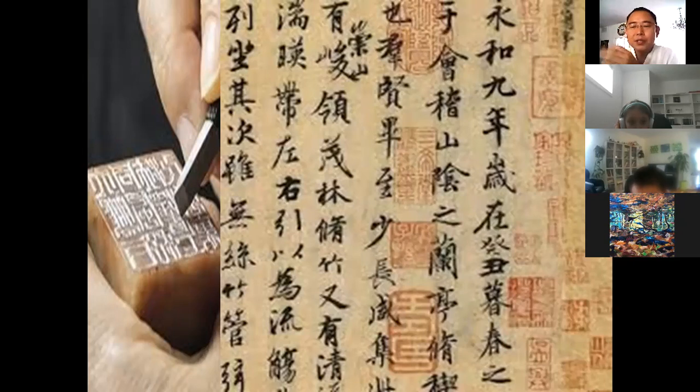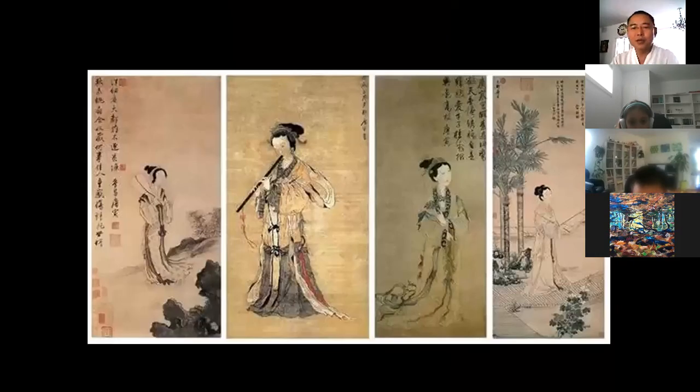So we see some calligraphy, some poems, some seals, and then the painting itself. So if we see a Chinese painting, the most important thing we see usually is not the image itself.